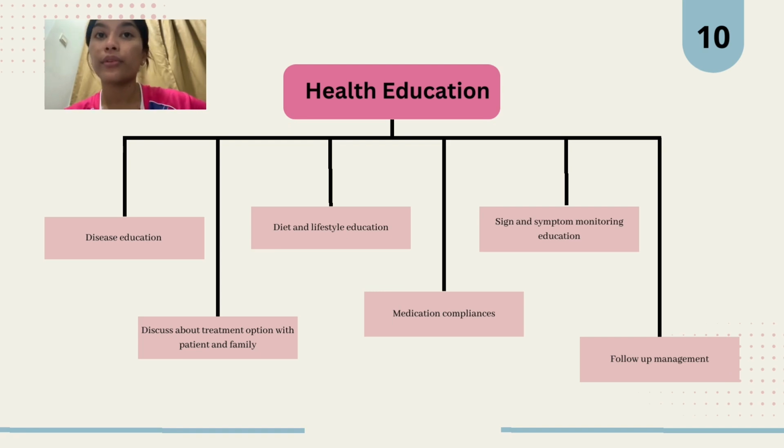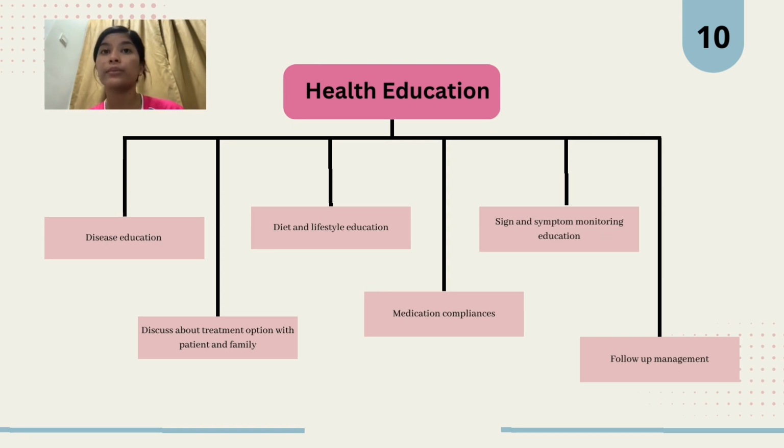Then the fourth one is medication compliance. The nurses should provide health education by explaining the indication of the drug, side effects of the drug, and patient responsibility while taking the medication. This can help the patient to comply with all the medication prescribed by the doctor.